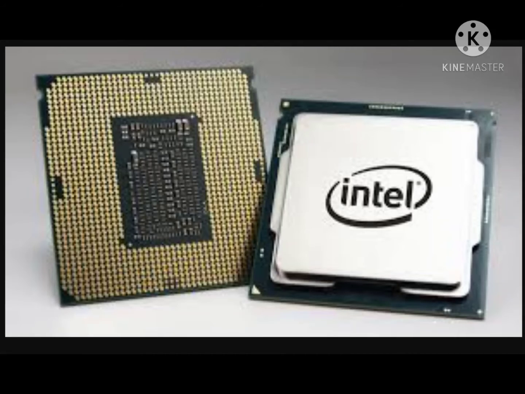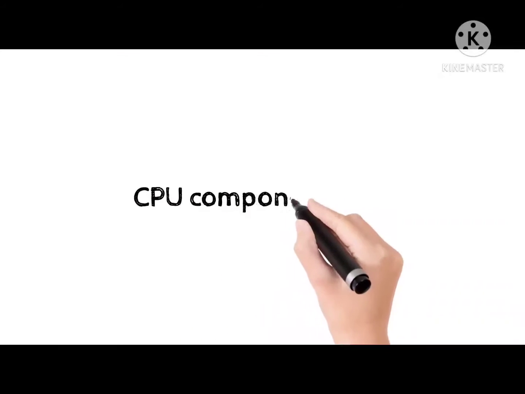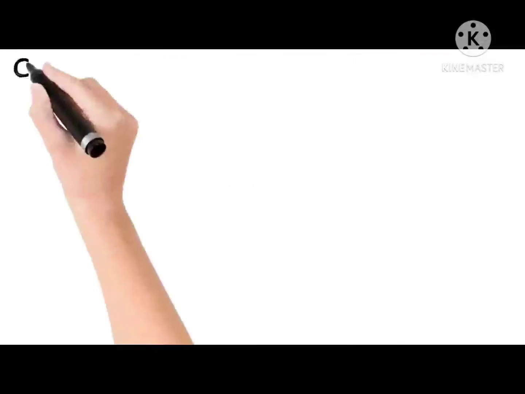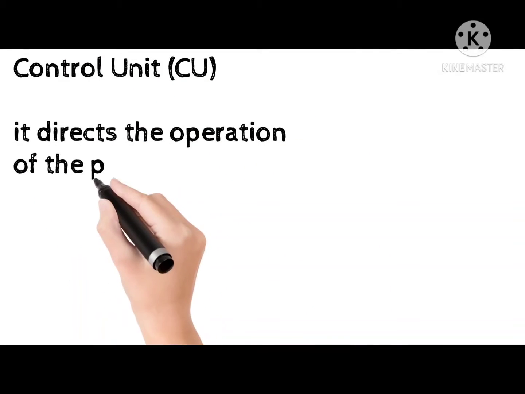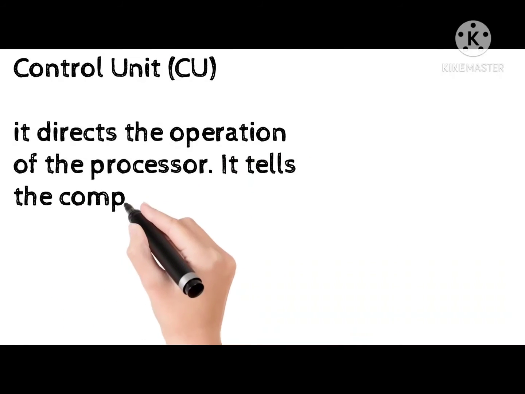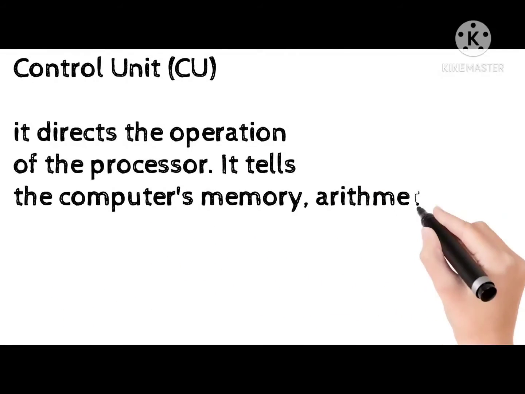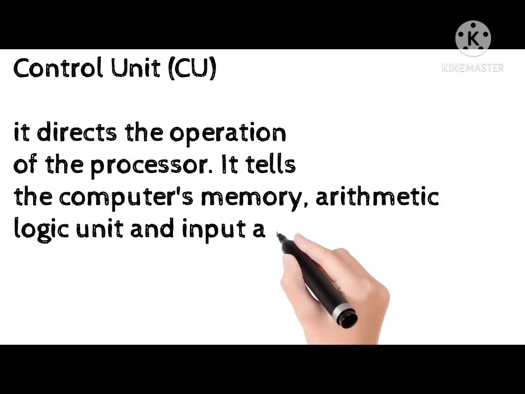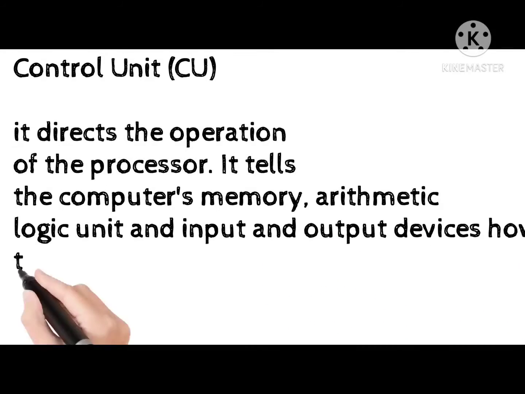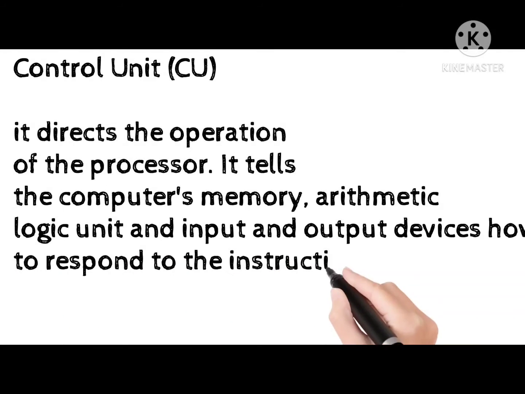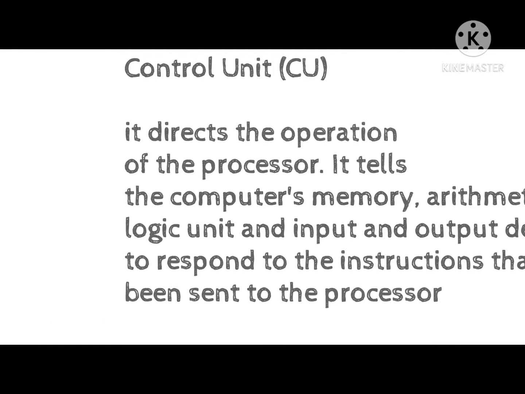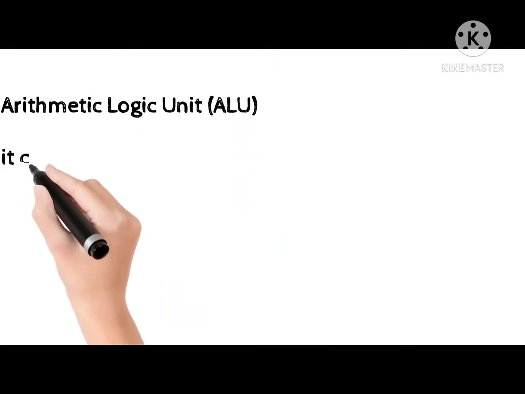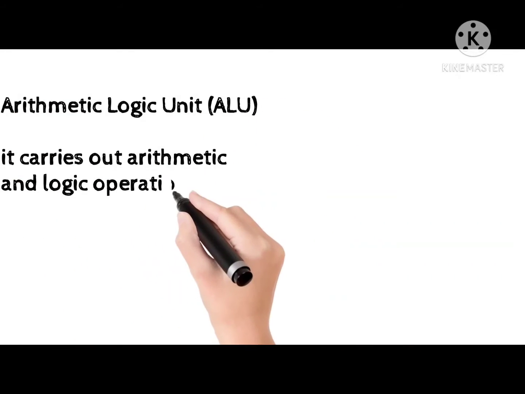So let's discuss the control unit first. The control unit is also a combination of circuits, which fetches the instructions from the memory, decodes those instructions and makes them an understandable language, and forwards the details to the arithmetic logic unit. The arithmetic logic unit is a combination of logic gates.